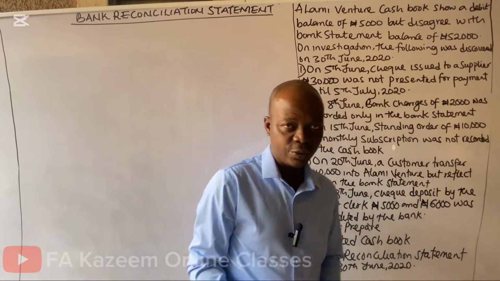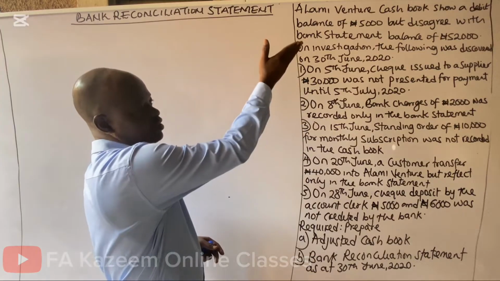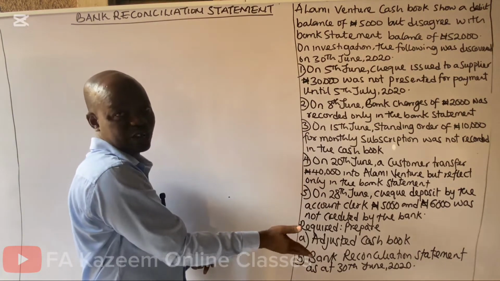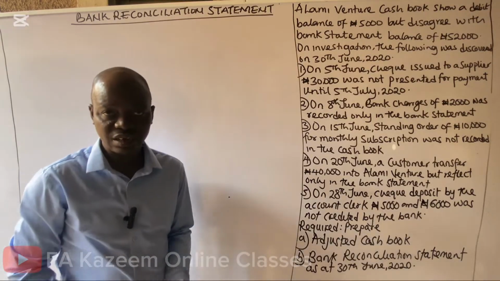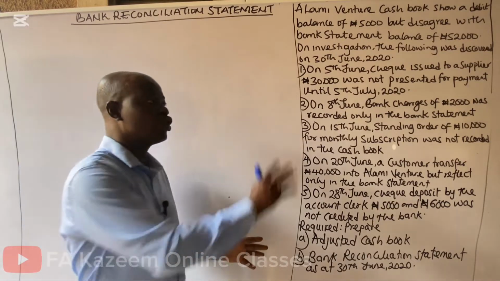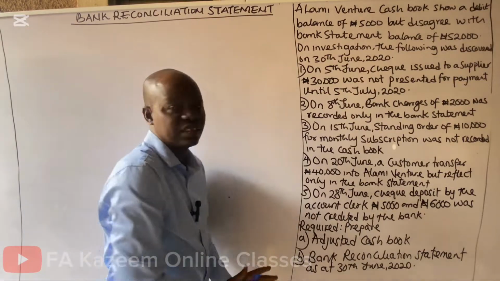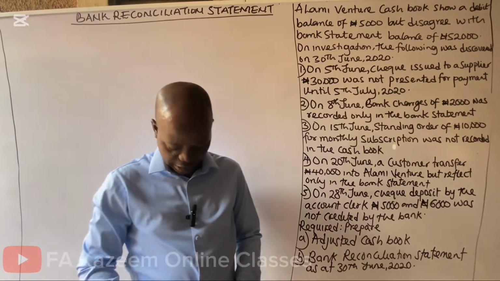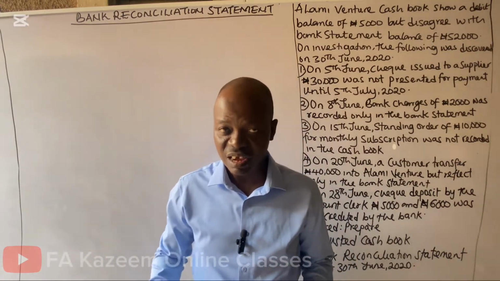In the previous video, we looked at an illustration where there is a bank statement as a table and a cash book as a table, and we reconcile. But there are other ways in which an examiner can examine the student on bank reconciliation without drawing a table, meaning the question is in theory format where there is no table. How do we tackle this kind of problem? And that is what we are looking at this afternoon.